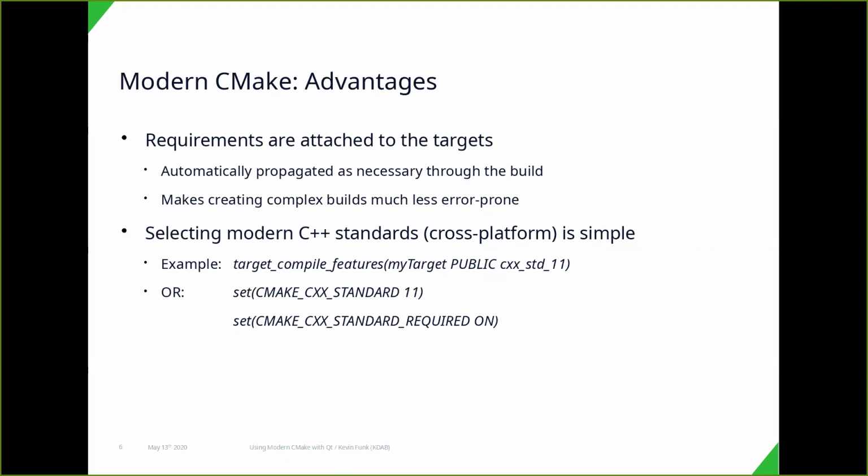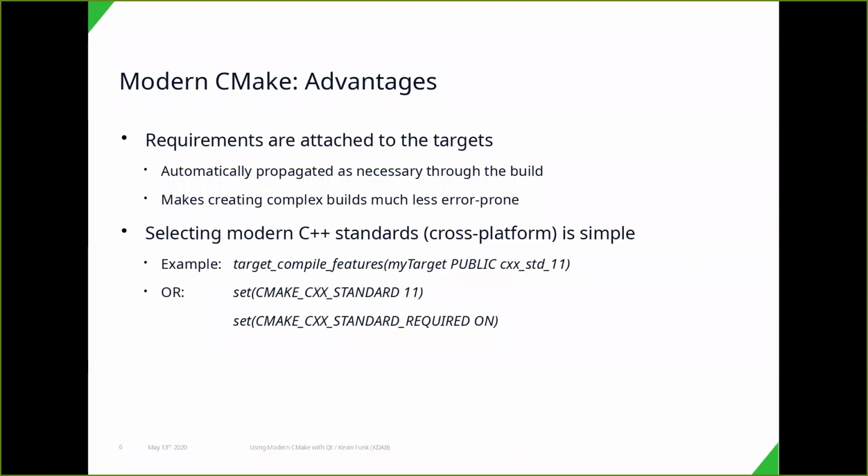For instance, you can just ask a target to use a CXX standard 11 property, which basically means that any target using my target, so if you look at target_compile_features, my_target PUBLIC cxx_std_11, that means any target linking to my target will need to have C++11 support enabled as well.